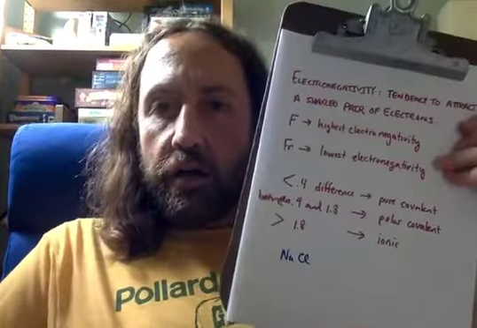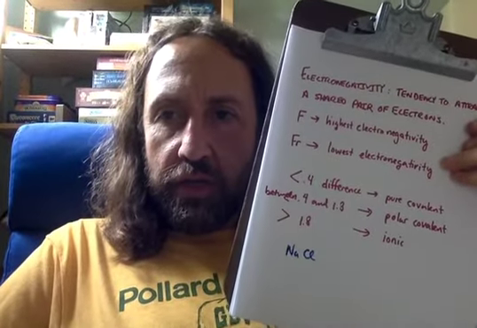So I'm going to do this real quick. So NaCl, Na is a 0.93, Cl is 3.16. So 3.16 minus 0.93.